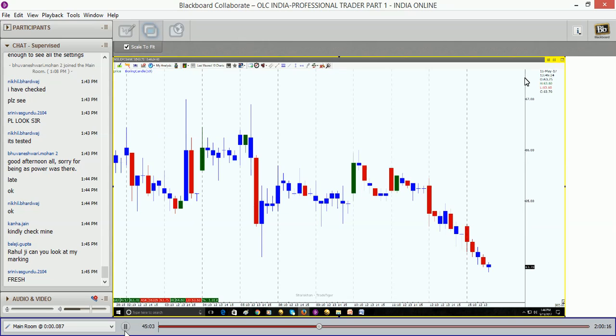So Balaji, zone number 3, that is 64.55 to 64.95. What do you think? Is it fresh or is it tested? Has price ever come back and touched your zone?